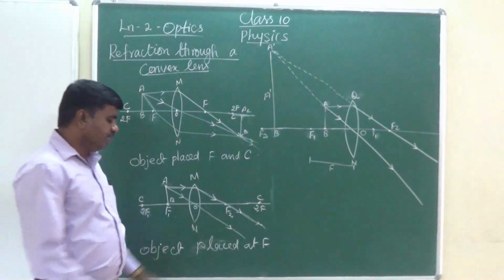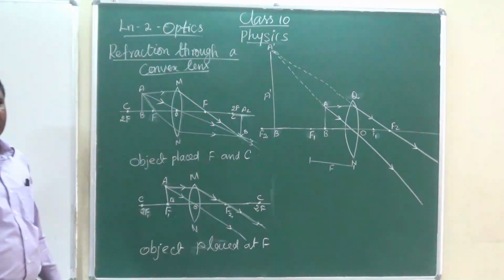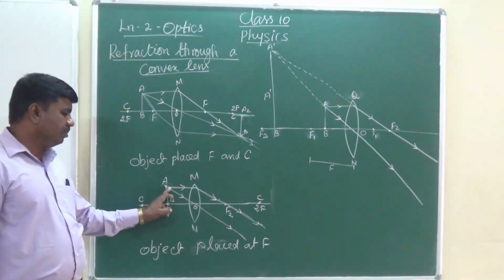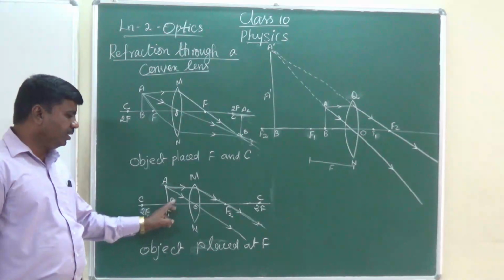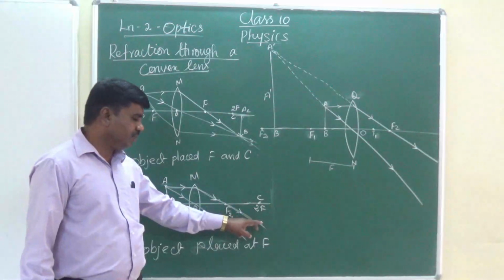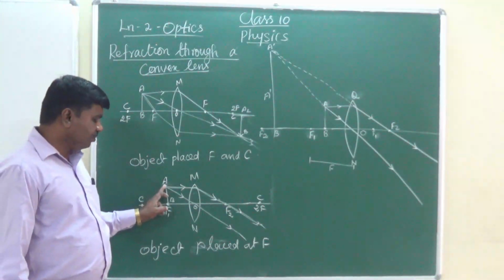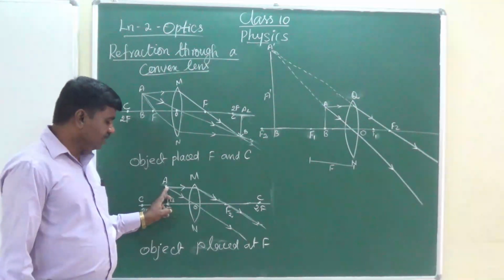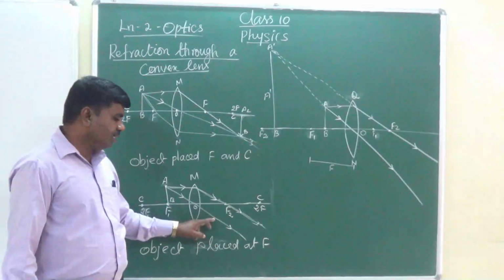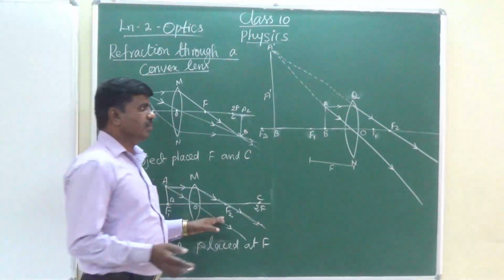Both the rays are parallel to each other. When the rays from that focal point hit the lens and get deviated, the next ray from the same point passing through the optic center, both the rays are parallel to each other.